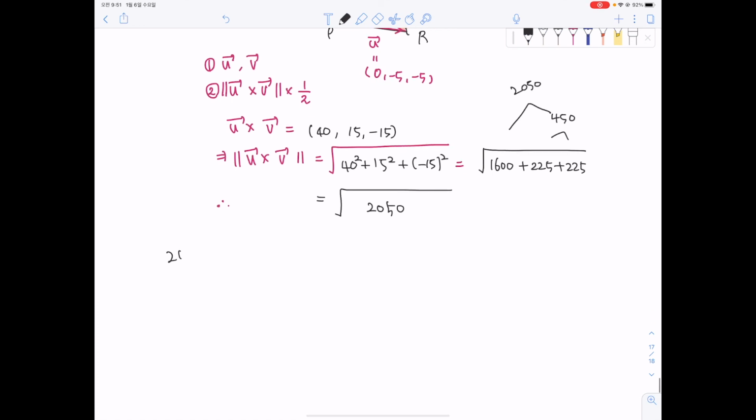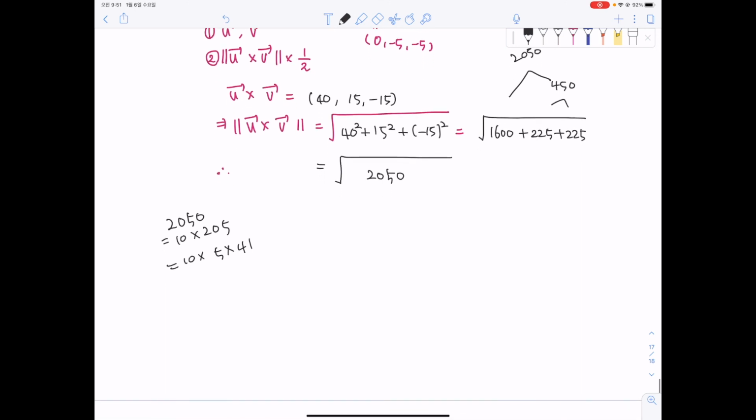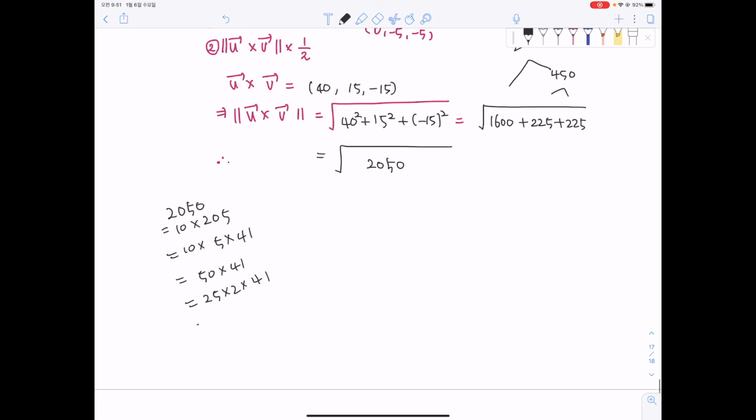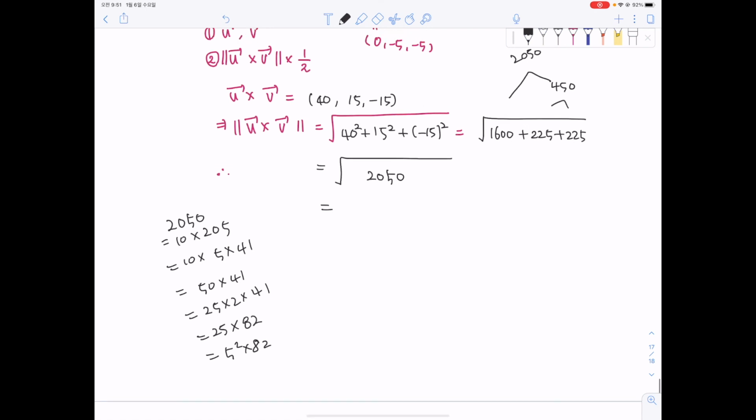And actually it is 10 times 5. So we know that it is 5 squared times 82, so it is 5 root 82.